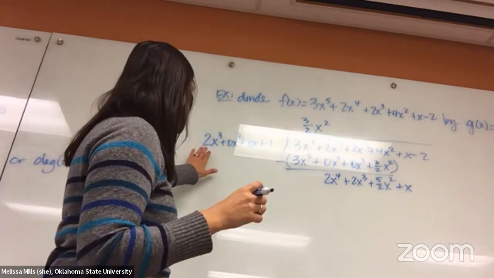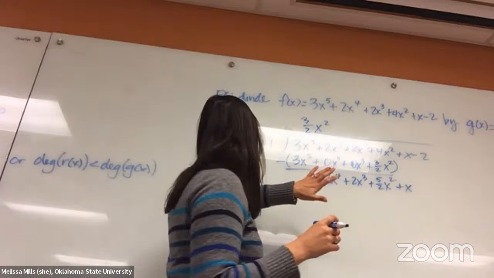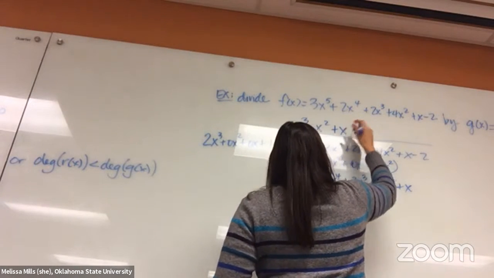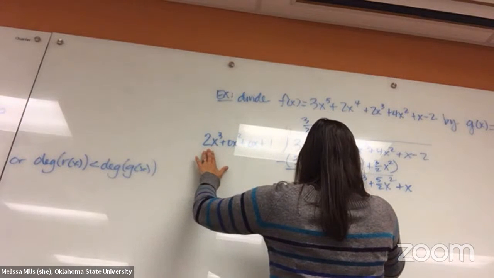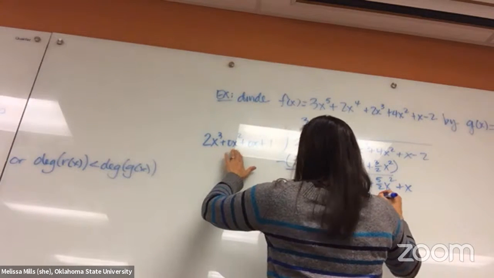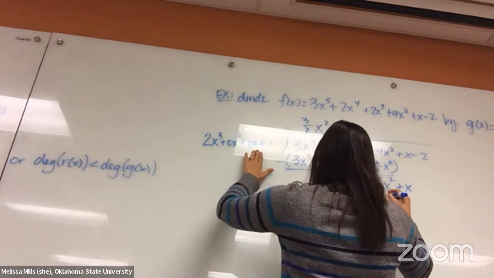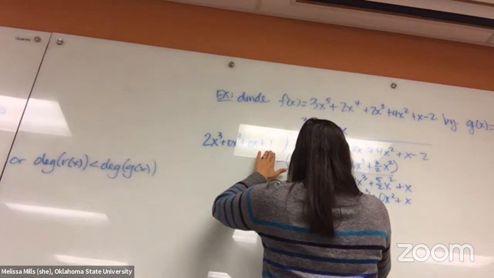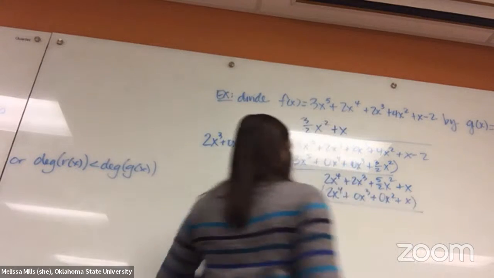Okay, so what do I need to multiply 2x cubed by to get 2x to the fourth? That's an easy one. Plus x, perfect. So we'll do that, 2x to the fourth plus 0x cubed plus 0x squared plus x. I'll subtract that all off.